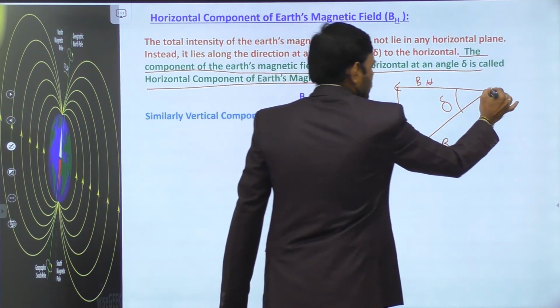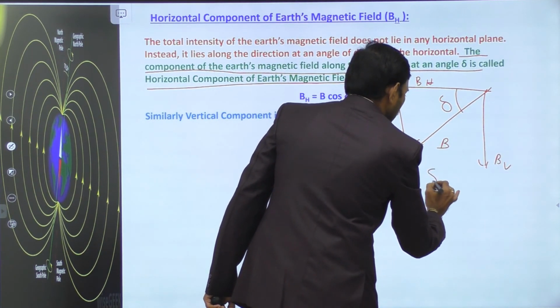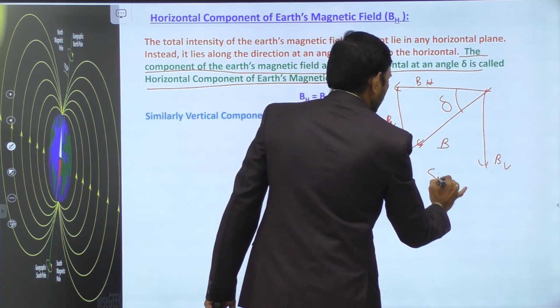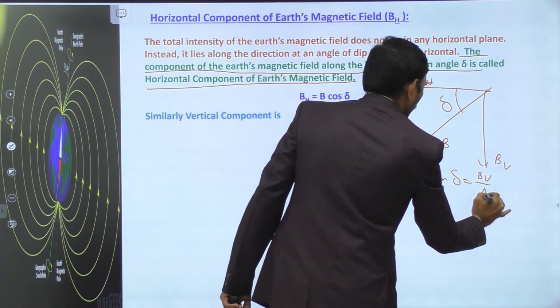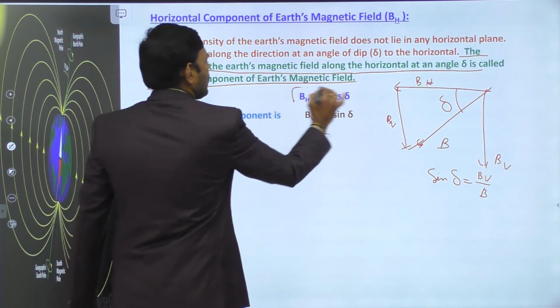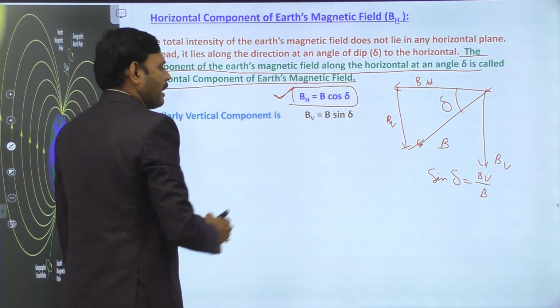Similarly, this is the vertical component BV, and sin delta equals BV divided by B, then BV is equal to B sin delta.